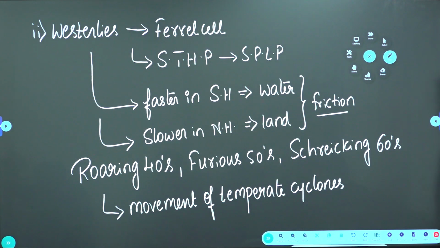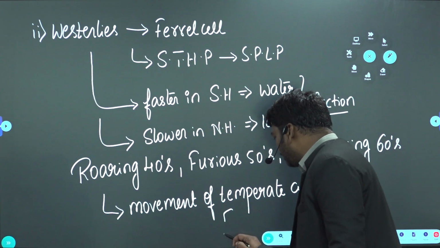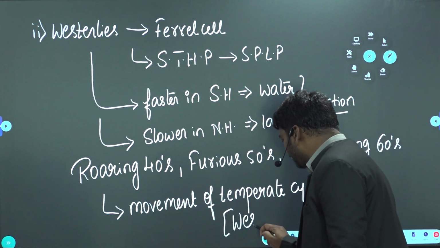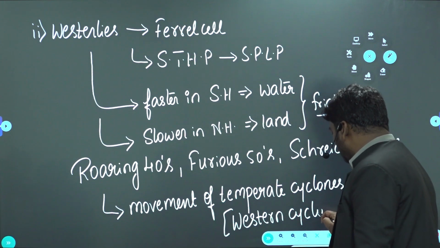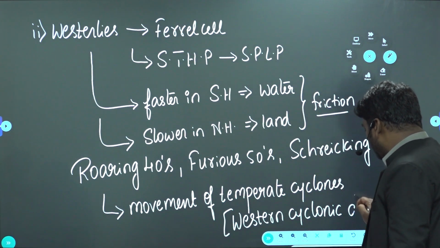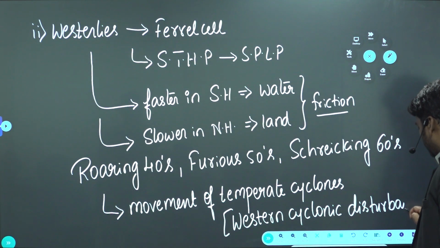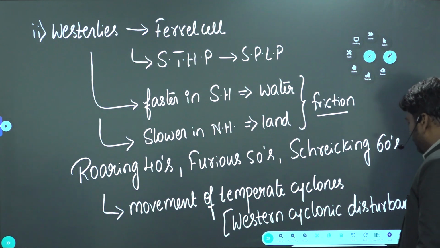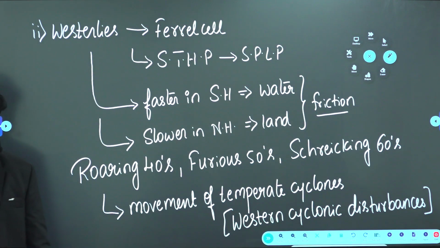Can you name a temperate cyclone which hits India? What is it called? Western cyclonic disturbances.